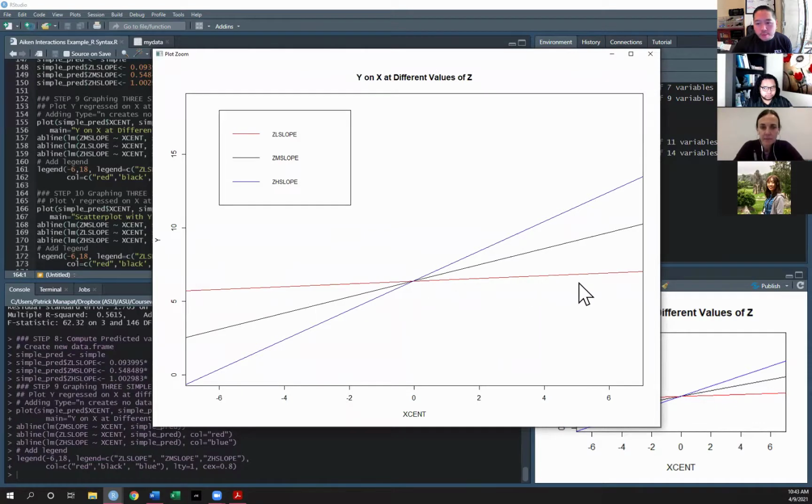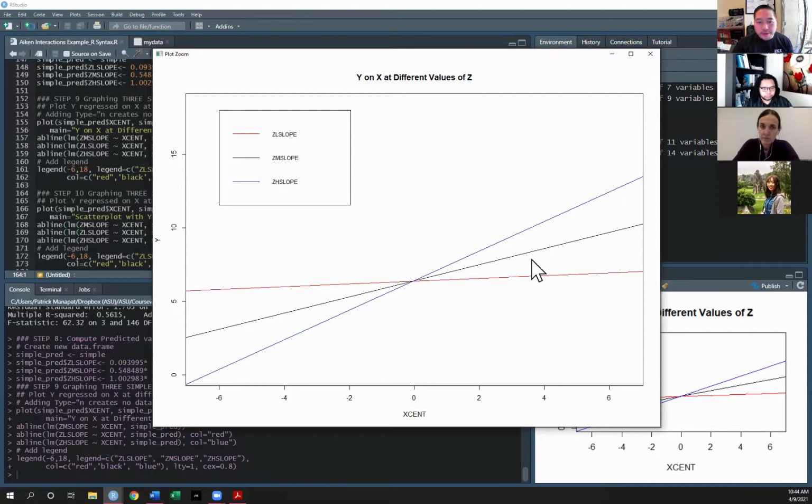Because at one standard deviation below the mean of Z, the relationship is almost zero because the line is flat, and our simple regression coefficient was non-significant. Then as Z increases from one standard deviation below to the mean, the relationship gets a little bit stronger, so the line is a little bit less flat, and this simple regression coefficient was significant.